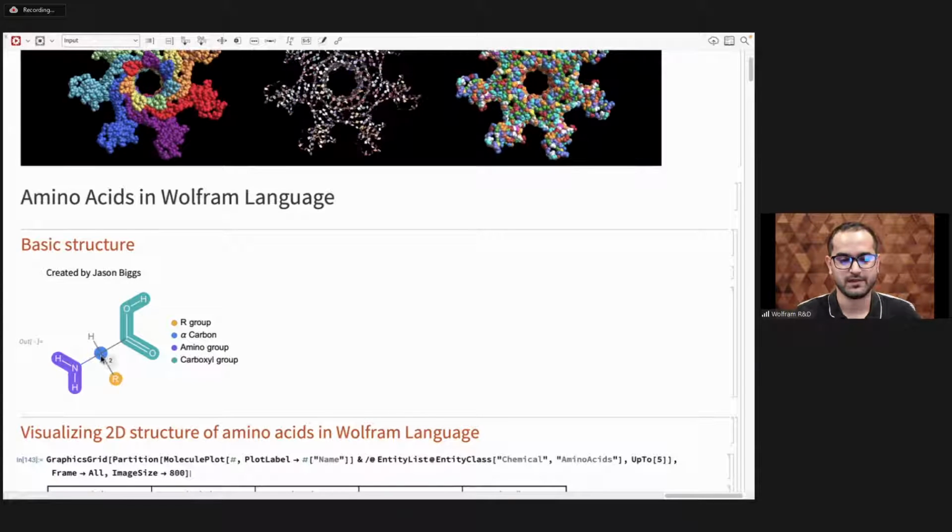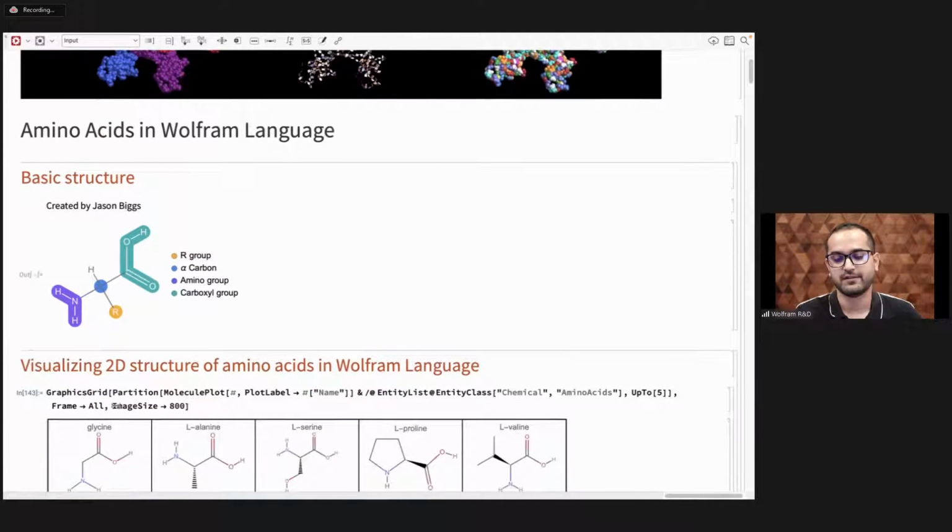The first is the central alpha carbon in blue, and a hydrogen atom attached to the alpha carbon, a carboxyl group, an amino group, and an R group. The hydrogen, alpha carbon, amino, and carboxyl groups are invariant across amino acids, but the R group does vary. All the richness that you see in the world of amino acids and proteins is because of this variability in the R group.